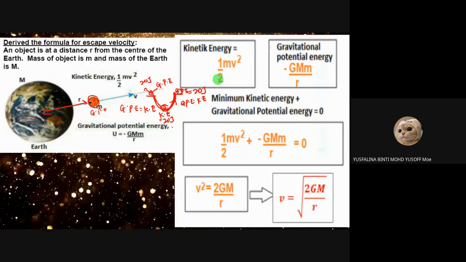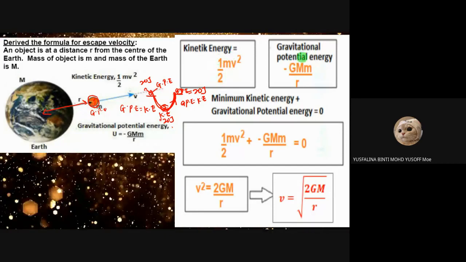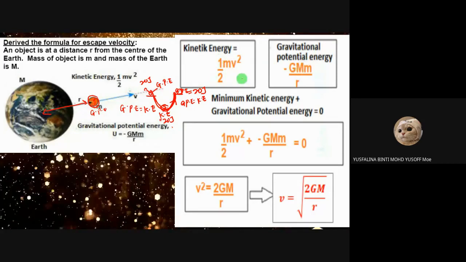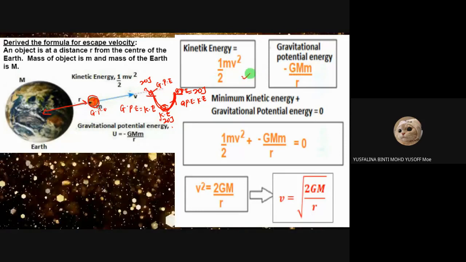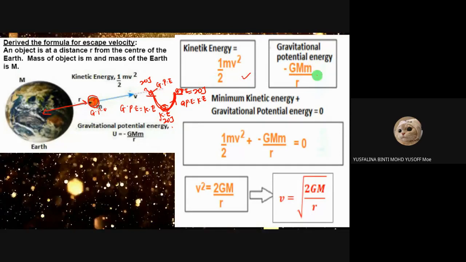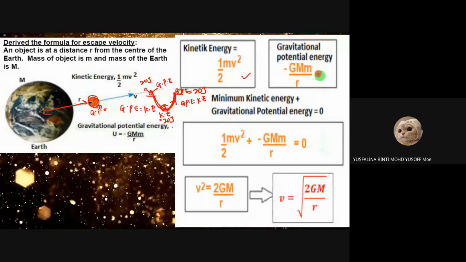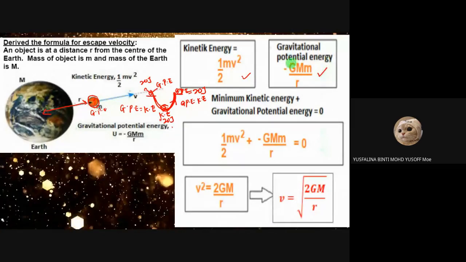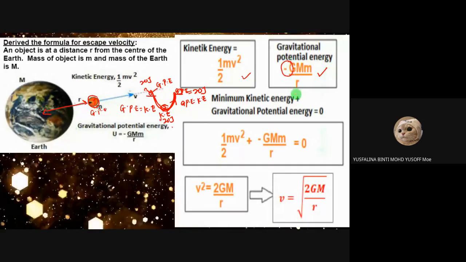So when the kinetic energy and the gravitational potential energy are the same, this is the formula for kinetic energy, which you already learned in Form 3, and this is the gravitational potential energy formula. You must ask why there must be a negative sign.